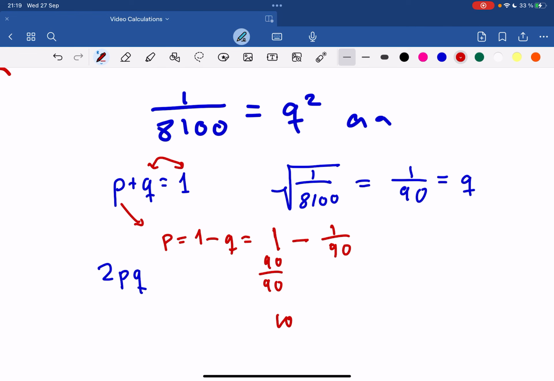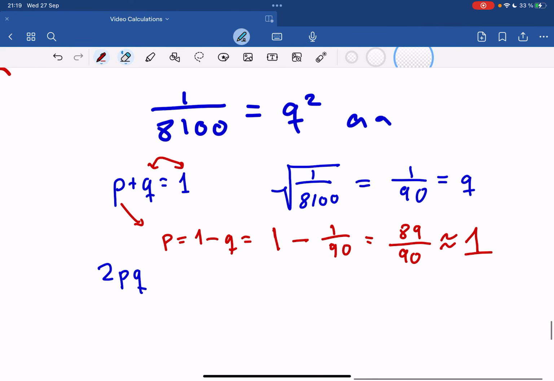Not 100, nothing like that, 90 over 90. So what is 90 over 90 minus 1 over 90? That is, of course, 89 over 90. And if you remember anything about what I said before, you can always round up your p to 1. I'm pretty sure it's always.